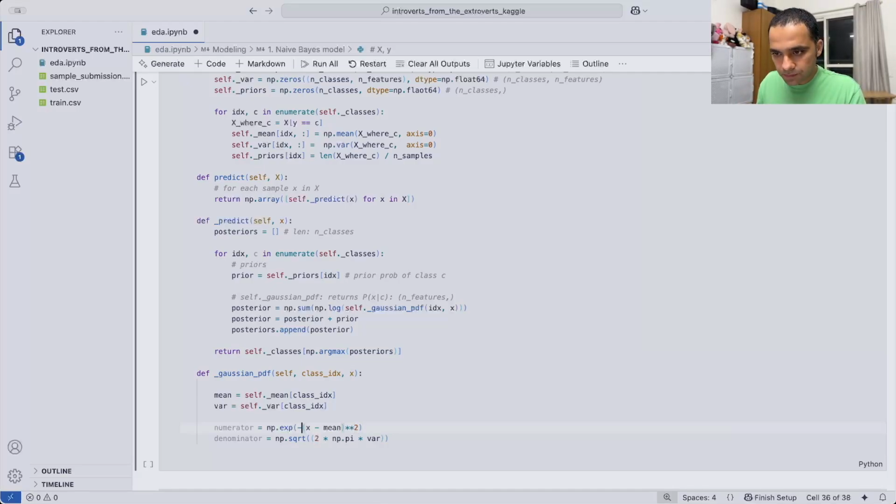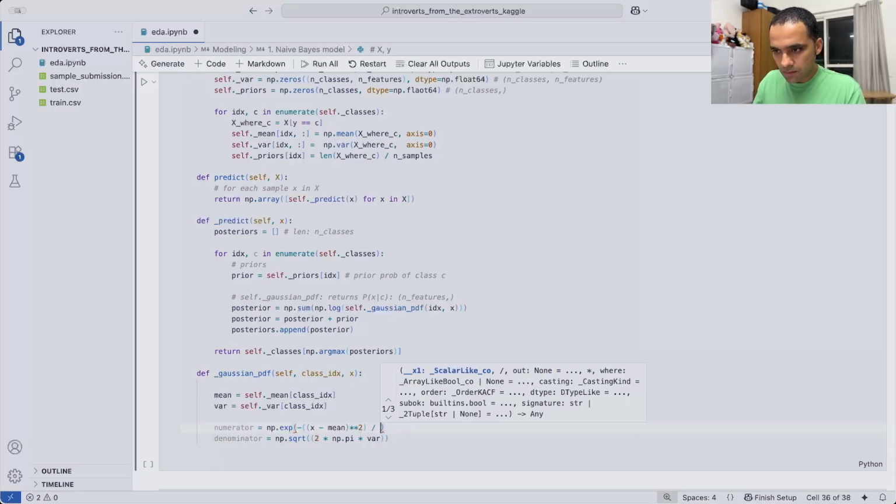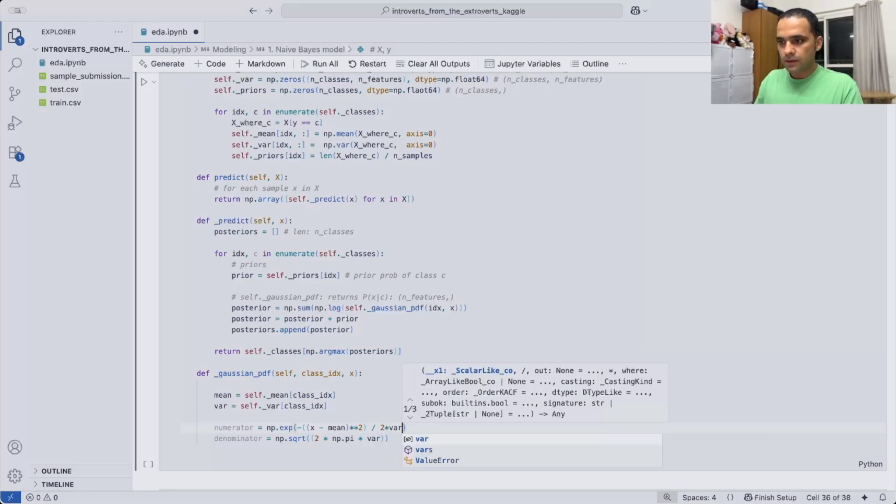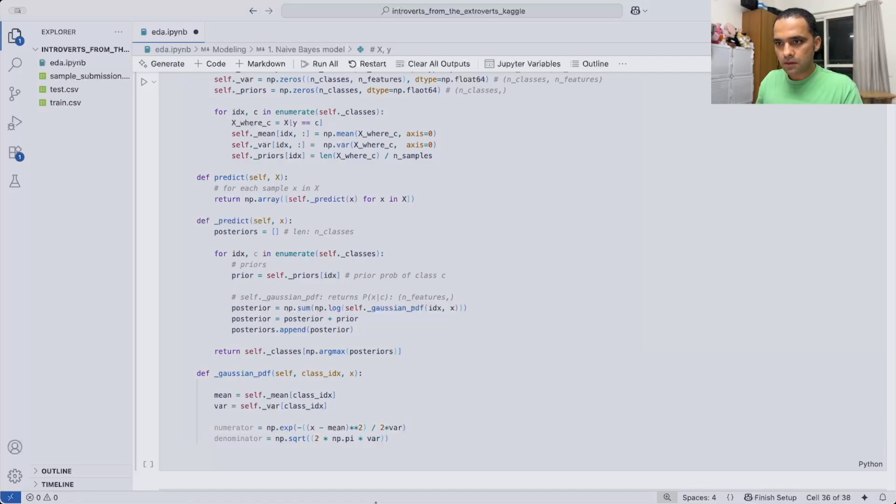So negative of x minus mean. x is a vector of f feature values, a column vector, and mean is also of the same dimension.